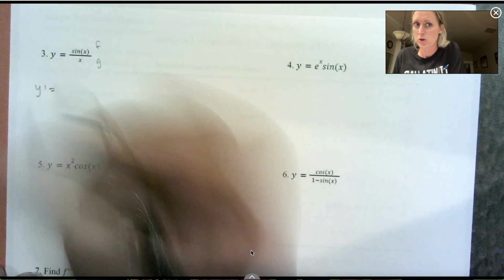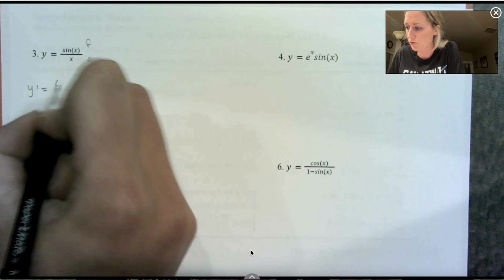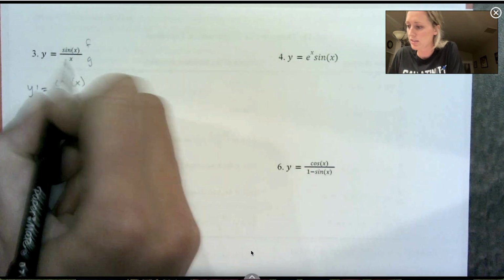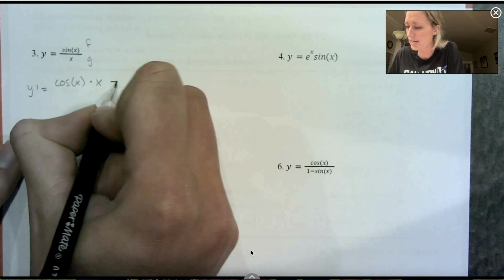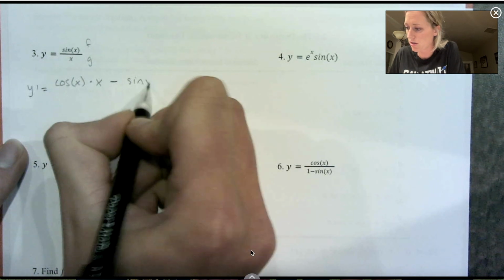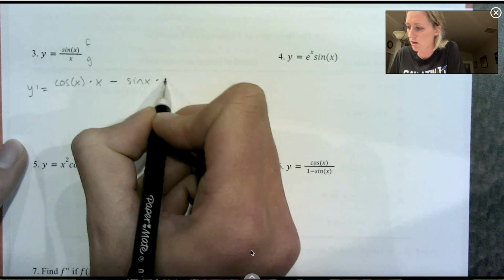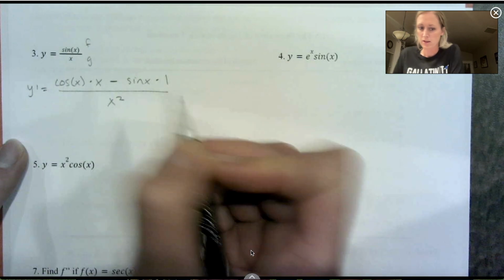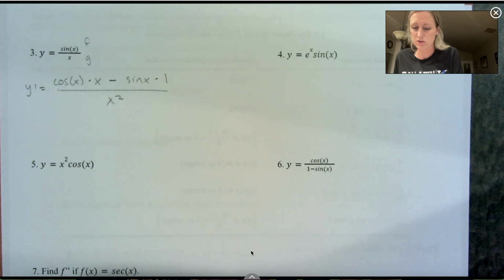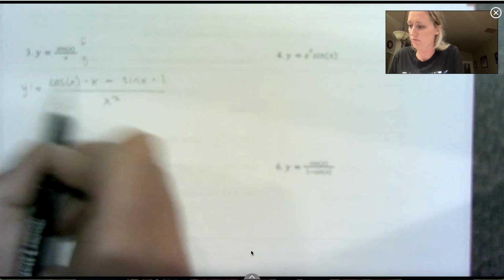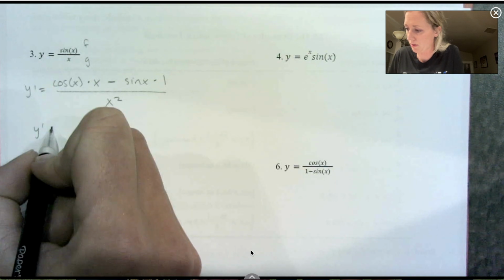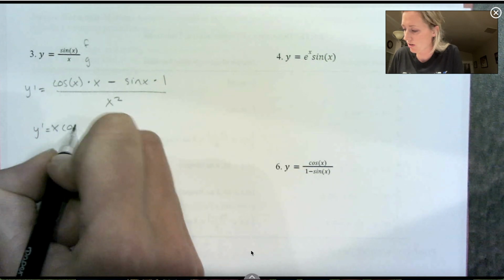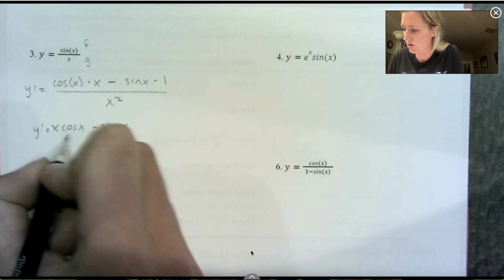So I'm going to use my quotient rule, and I'm going to treat the top as the f, the bottom as the g, so y prime would be f prime, so cosine of x, times x, g, minus f times g prime, which is going to be 1, okay, all over g squared. Okay, really the only thing I might rewrite is I might just put that x in front so we don't actually think that is an x squared, so I'd probably write it like this: x cosine x minus sine x over x squared.